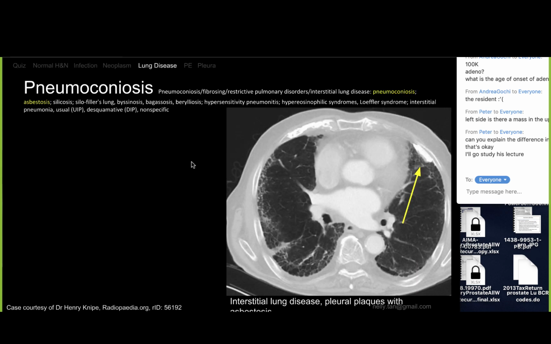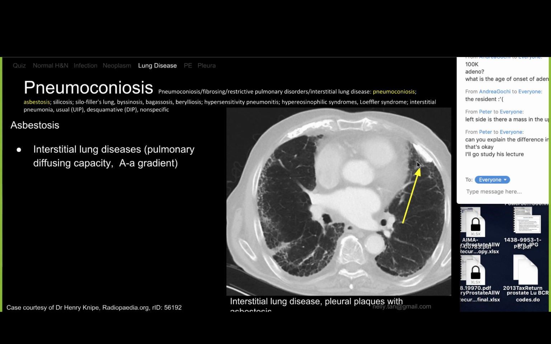This one is asbestosis, and classically asbestosis is in the lung bases, and you get calcified plaques along the pleura. These are almost pathognomonic for asbestosis exposure.